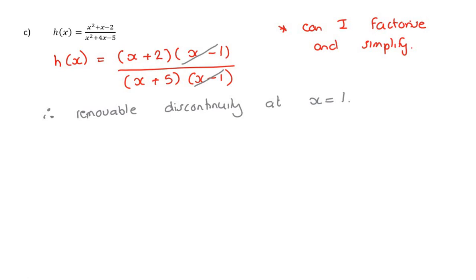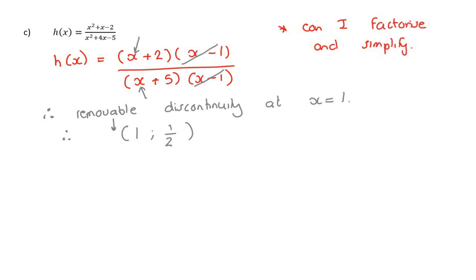However, this limit would exist. And just out of interest, where will this removable discontinuity be? It'll be when x is 1, and I can figure out the y value, because if I put in 1, I get 1 plus 2 is 3 over 1 plus 5, so it's 3 over 6, which is a half. So at 1/2, there will be a removable discontinuity. Now, I didn't actually have to write that down, as long as you say removable discontinuity at x equals 1.